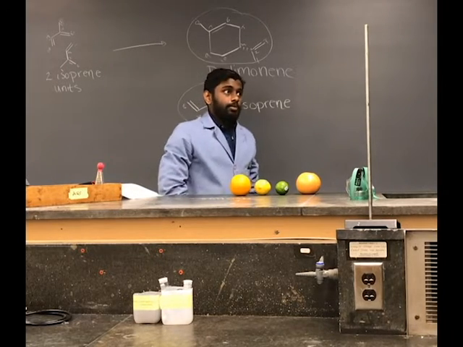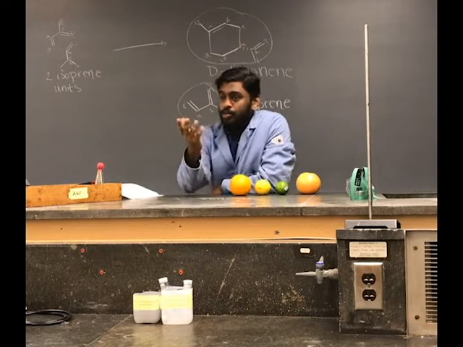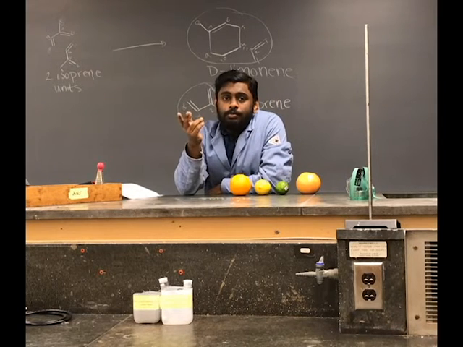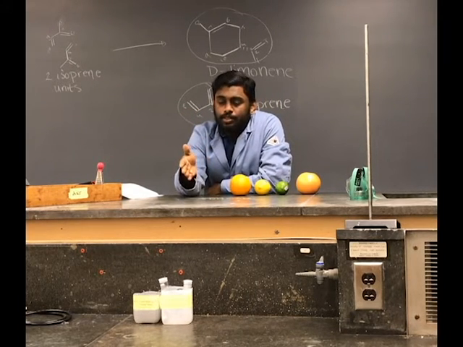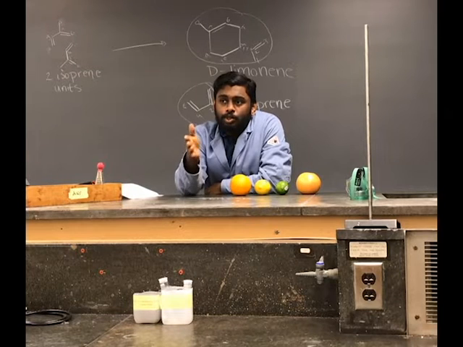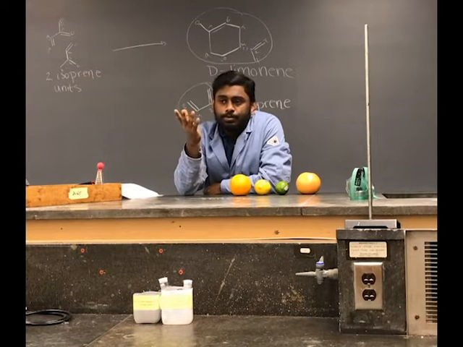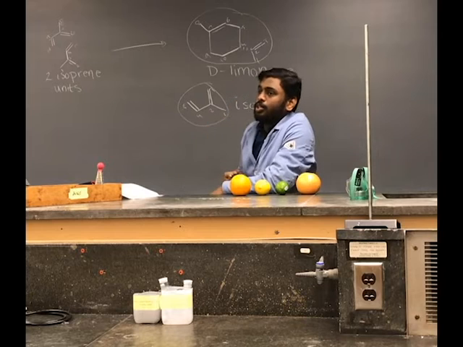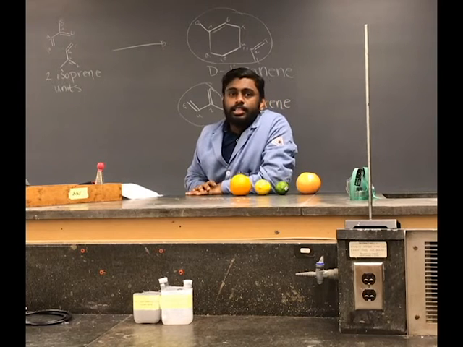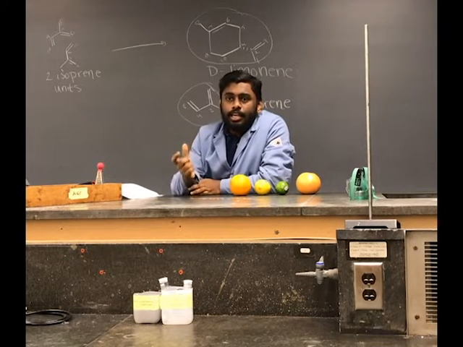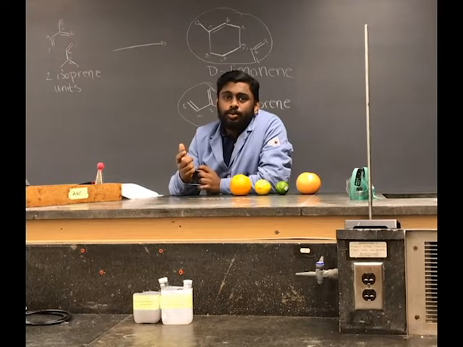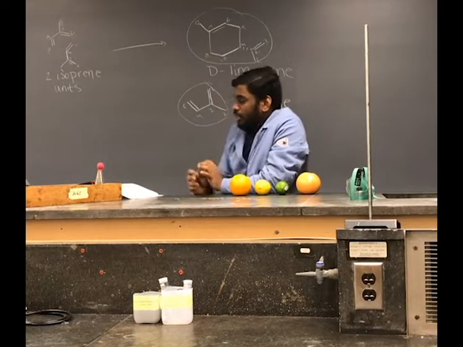Now in this lab, the experiment will give you the time it takes for the limonene to show up in the GC experiment, and it will also give you the area under the curve. The area is the concentration term here.